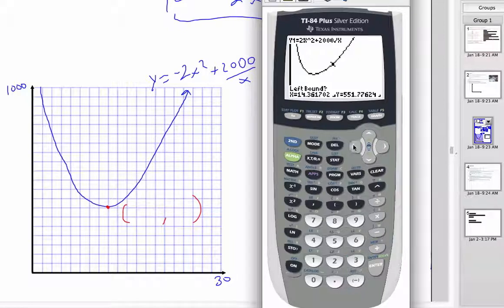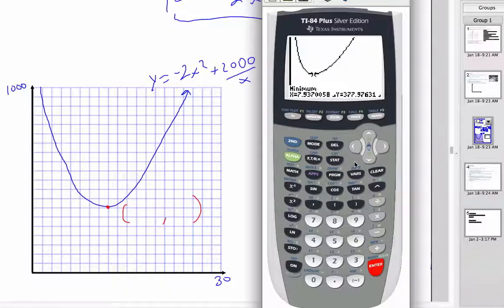We need a left bound, so we need to go to the left of that minimum point. I think you can just type in a number too, like maybe 6. And it goes to 6? Yeah, it does. Okay. And right bound, let's go over here, is that 8 over there? Let's just use 8. Okay, now guess, right on the middle.